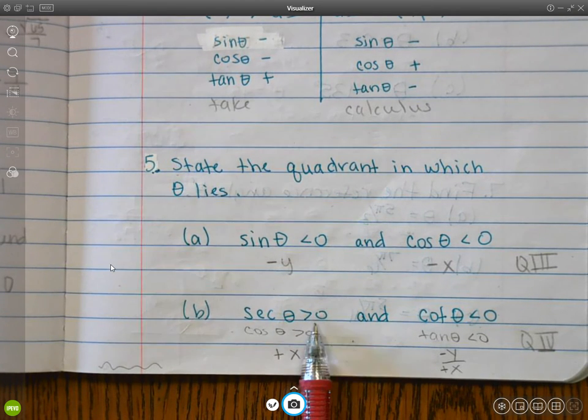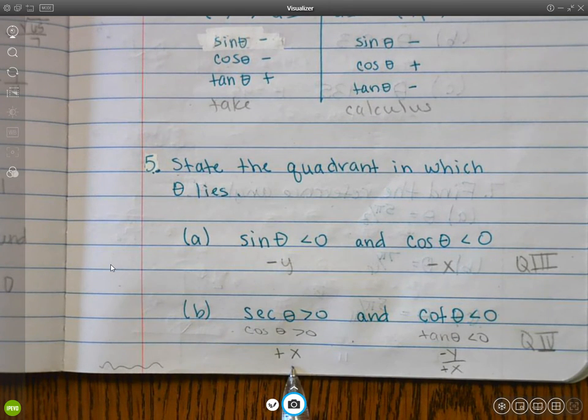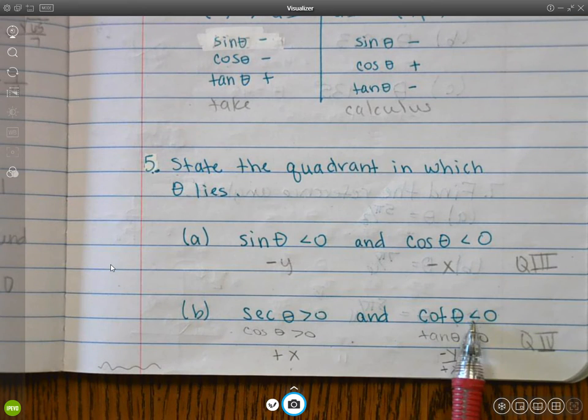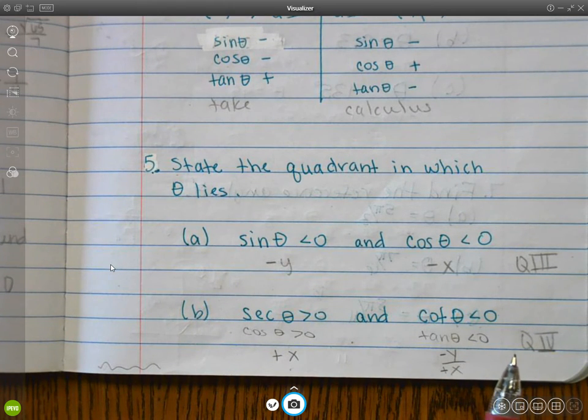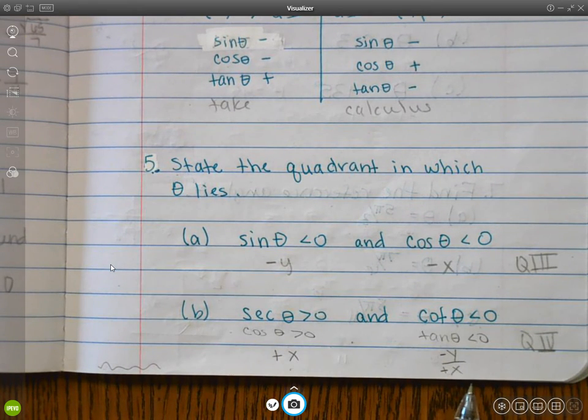Okay, so if secant is positive, it means cosine was positive, because cosine and secant are reciprocals, so that means your x is positive. For cotangent to be less than 0, that means that it has to be negative. Well, if cotangent's negative, then so is tangent. And for that to happen, x and y have to have different signs. And since we said x is positive, that means y has to be negative. So we're looking for a positive x and a negative y. That's in quadrant 4.